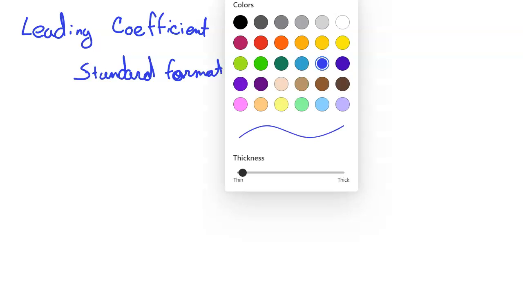So when we look at polynomials, we can look at them in two different ways. When they are in standard format, where they are already multiplied out, things like this would look something like f of x is equal to x squared plus 2x minus 5.